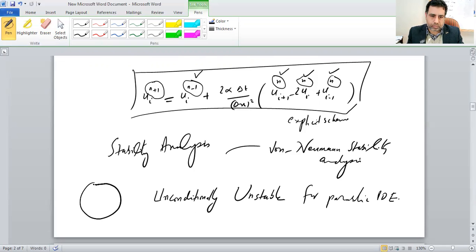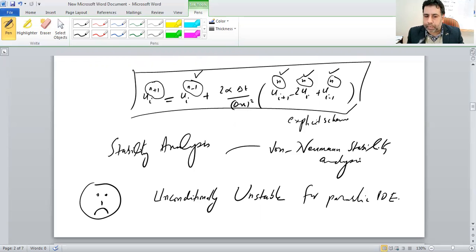So let me put, so that you may remember, if we have a scheme like this, we will throw this scheme for parabolic PDEs. I repeat, we will throw this scheme for parabolic PDEs. I haven't said that we will throw this scheme for all kinds of problems.